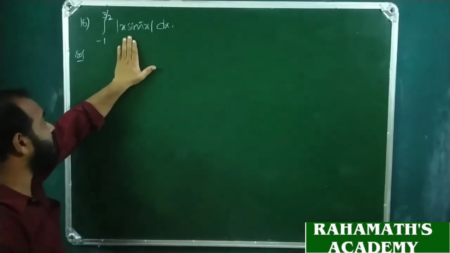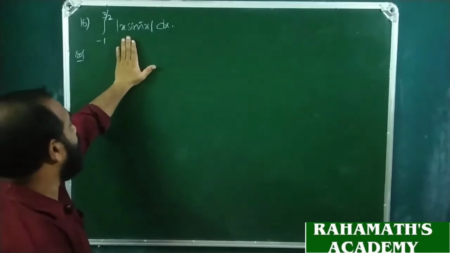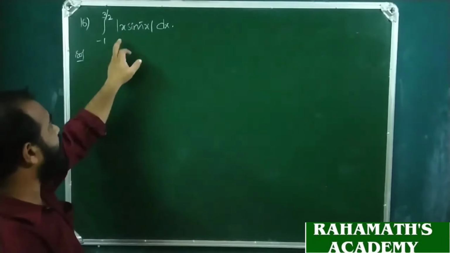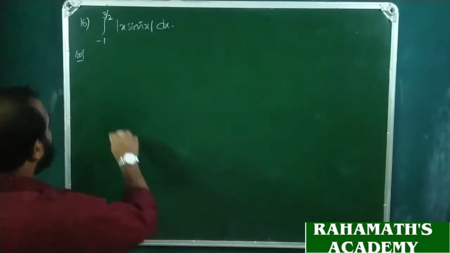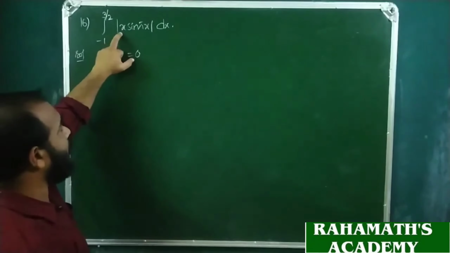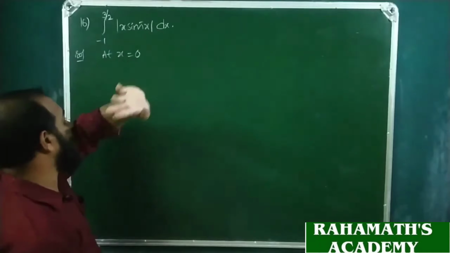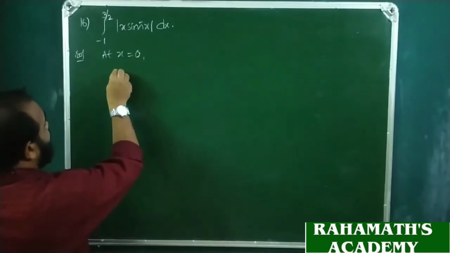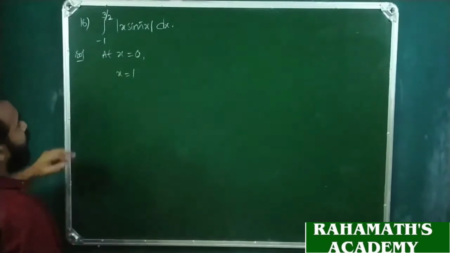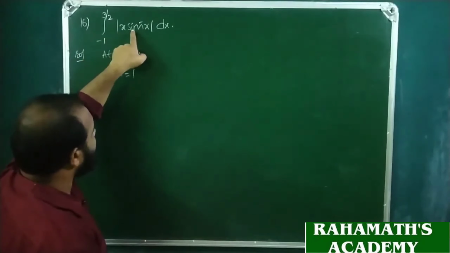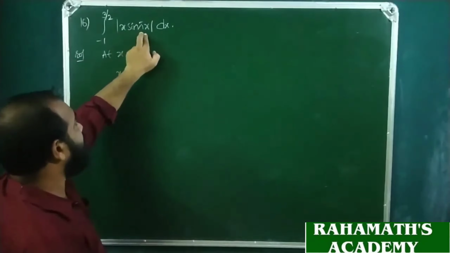To discuss that, actually first we need to see where it yields 0, where this value gives 0. So at x equal to 0, this value clearly gives 0 because 0 into something is 0. And at x equal to 1 also, this value is 0 because 1 into sine pi into 1 is sine pi.